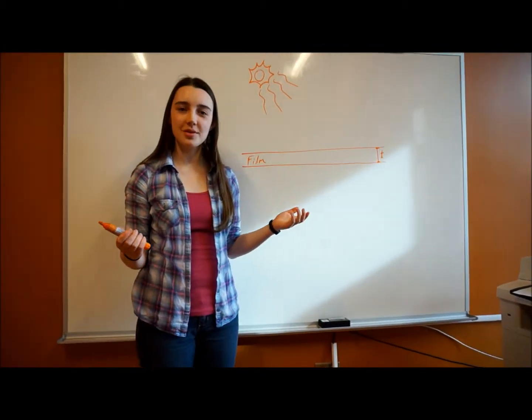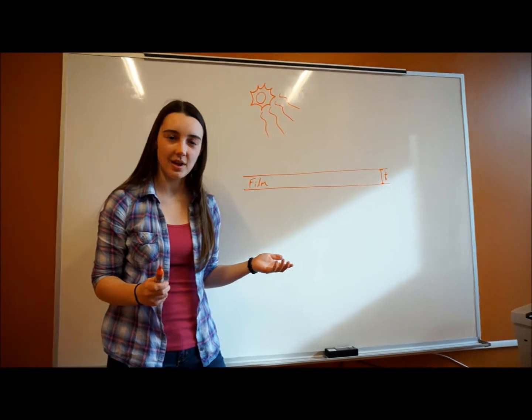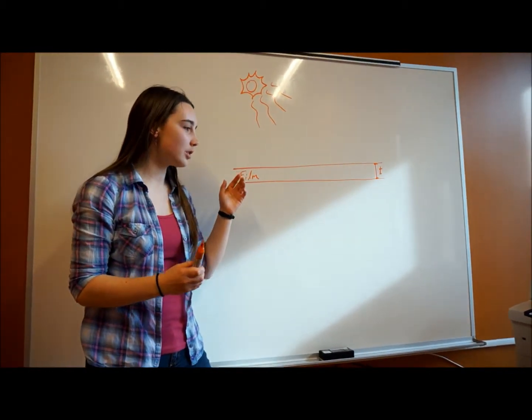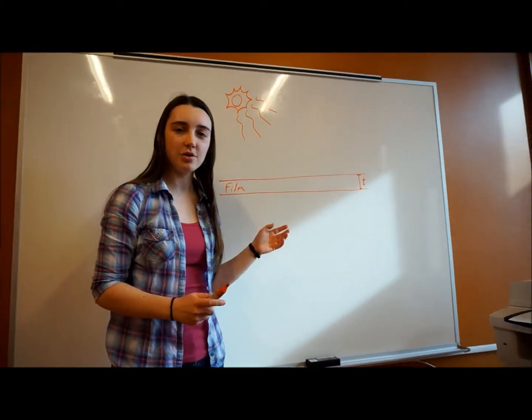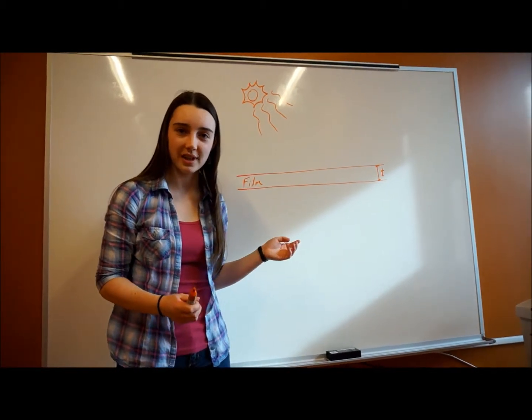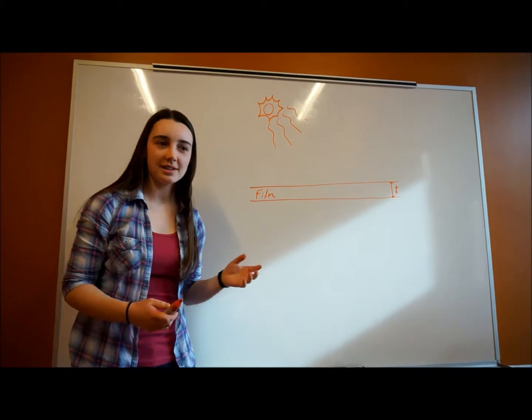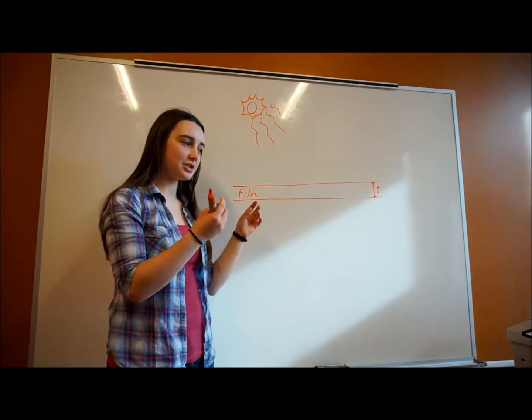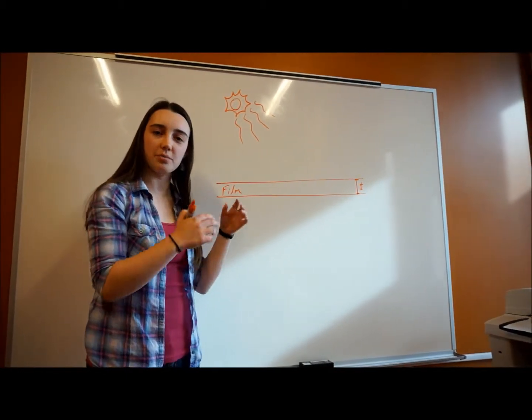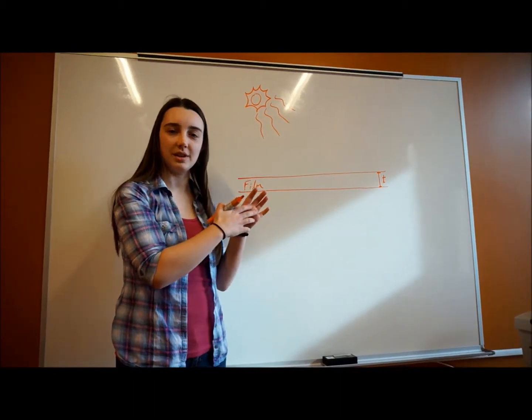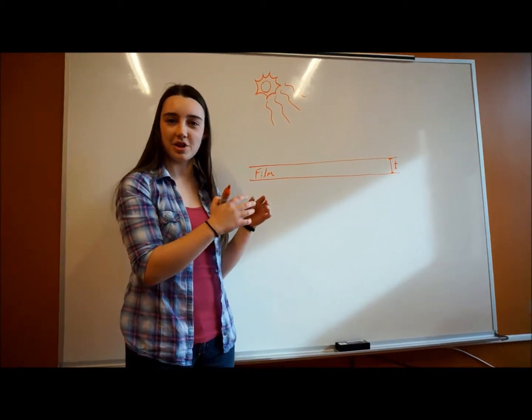So why do thin films have to be so thin? Well, when you want to create a nice interference pattern, you need a coherent source of light. But natural light, like sunlight, is not necessarily coherent. It consists of little coherent bursts of light that are not necessarily coherent with each other.